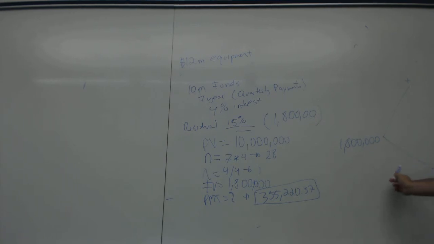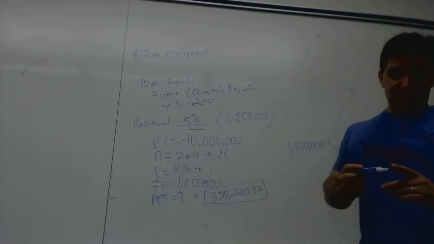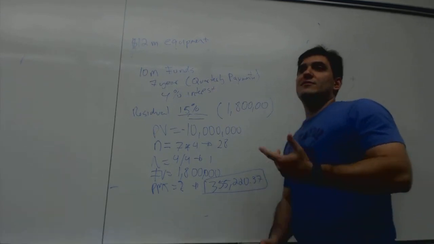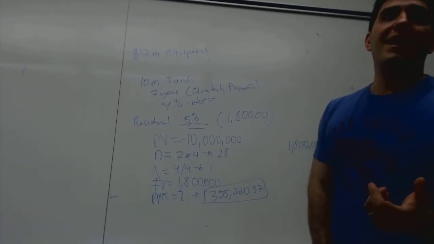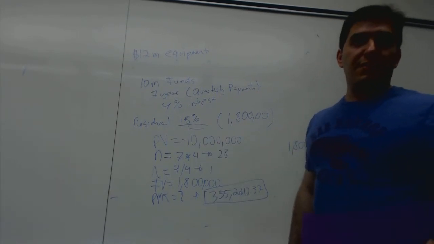So the other possibility is that the residual value at the end is lower than what you estimated. That's the whole point. And it just tells you the importance as a bank of calculating good residual values.